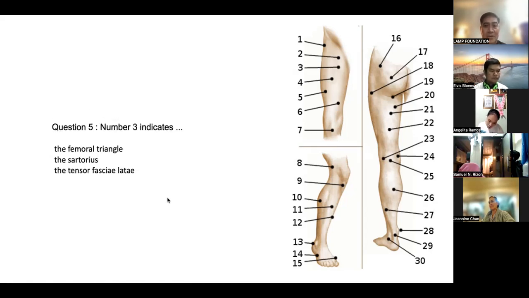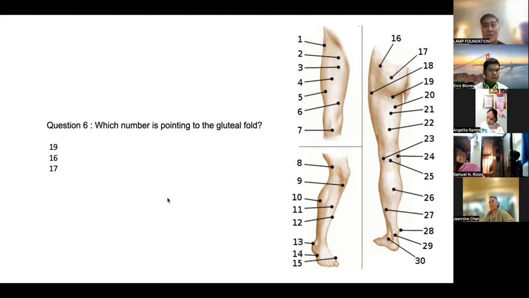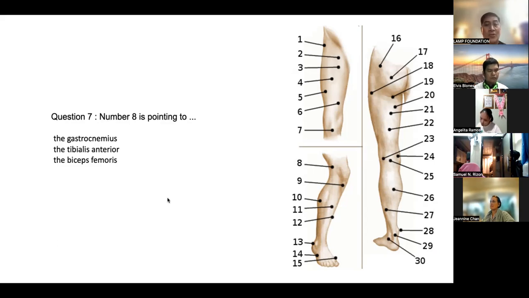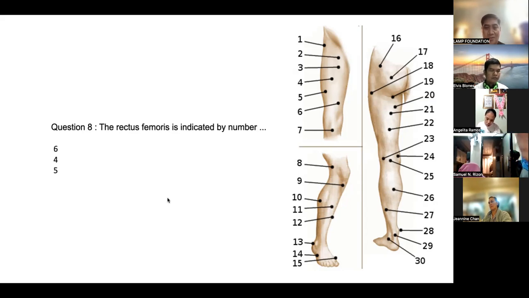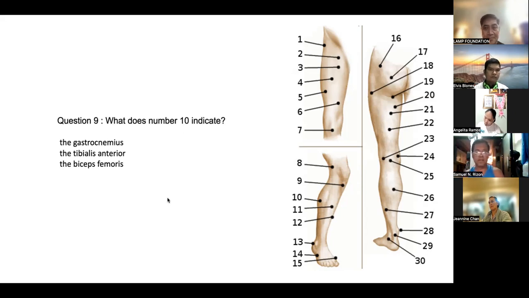Number 3 indicates what muscle? The sartorius. Which number is pointing to the gluteal fold? 19. Number 8 is pointing to what? The biceps femoris. The rectus femoris is indicated by number what? 4.